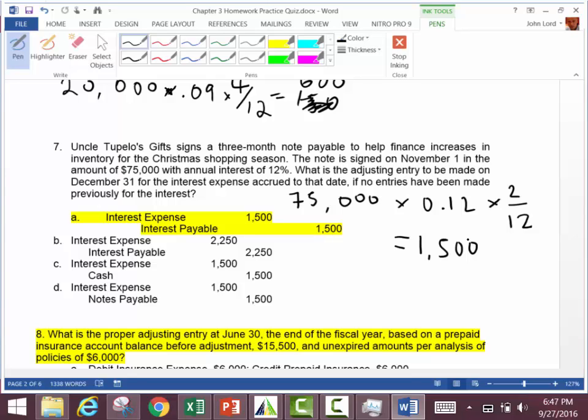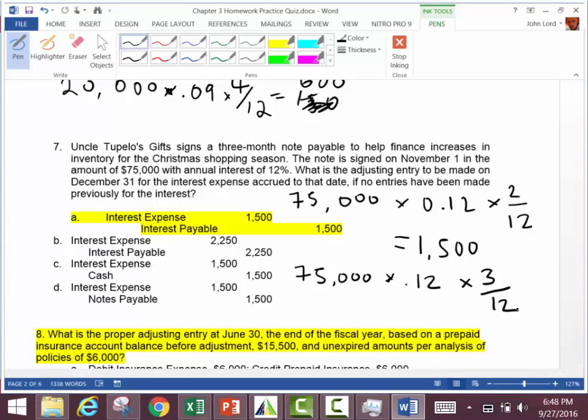So go ahead and show me the journal entry at December 31st. I mean, not December 31st, that is January 31st. You want me to do the calculation, or you want me to input? Do the calculation, yeah. 75,000, good, times 0.12 times, I only have 1 month now, right?